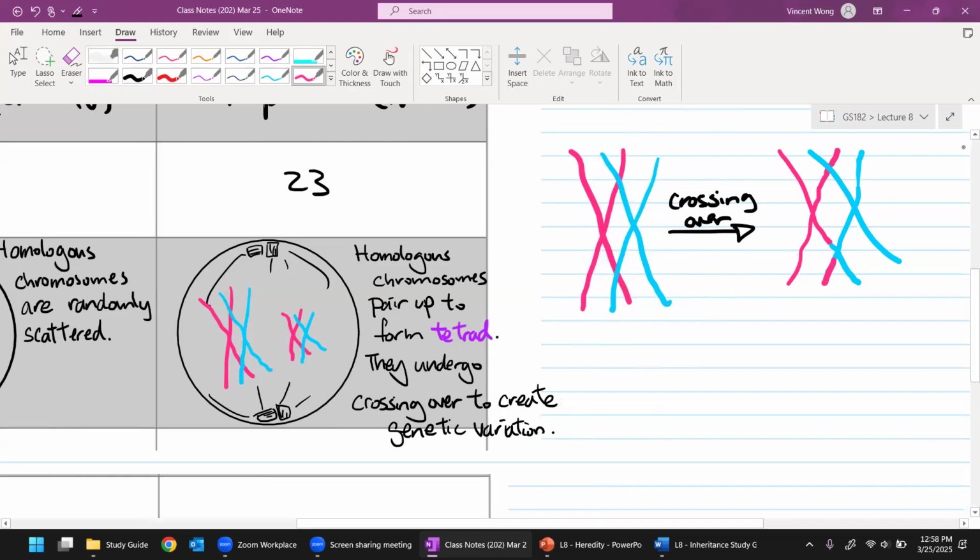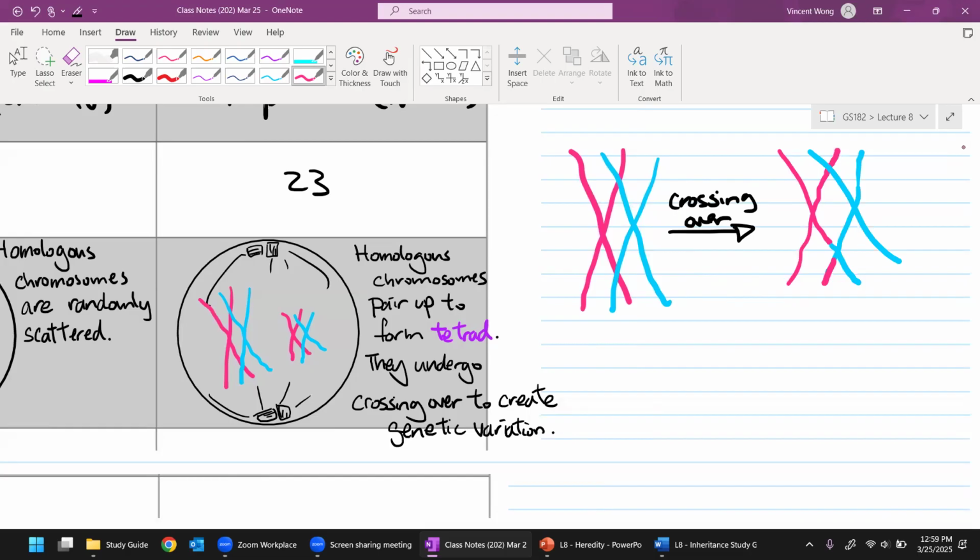Okay. So this is called, again, crossing over, and it creates genetic variation. You're basically swapping the genes from your mother chromosome with your father chromosome.